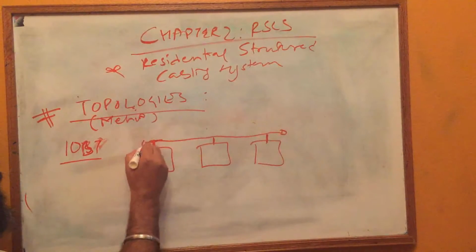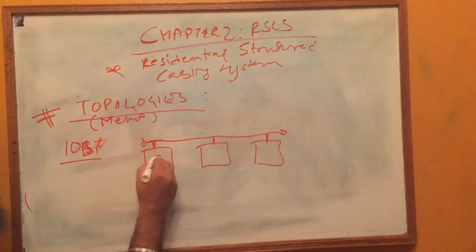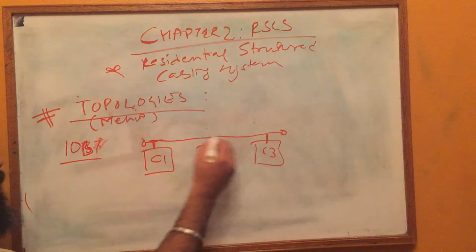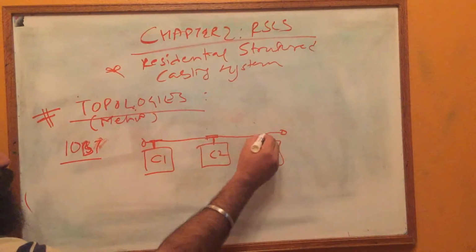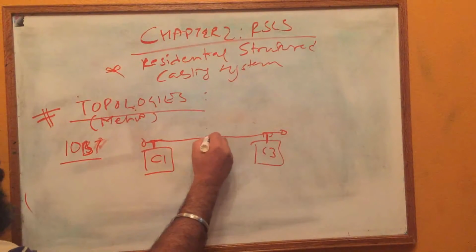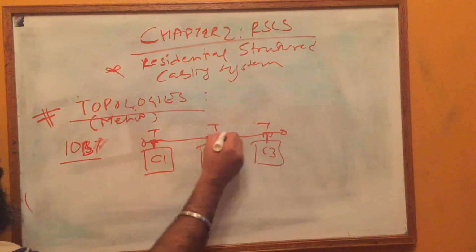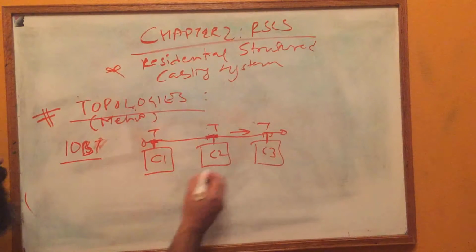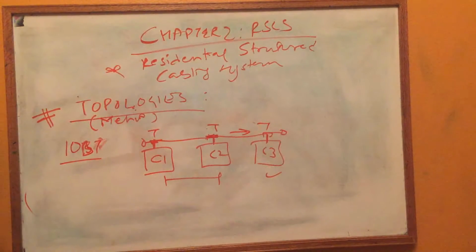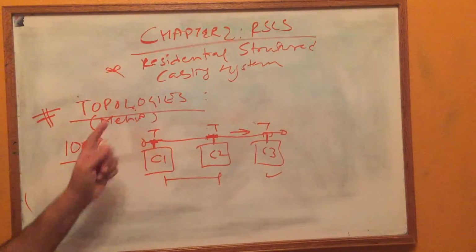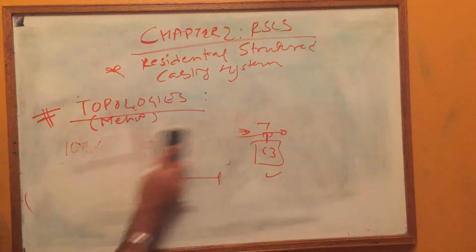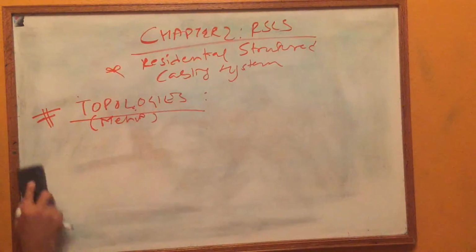There was a T terminator here, but a single cable goes to all of the computers. If this T is loose, the signal won't go to the other computer. So these two computers will be working, but this computer won't work. That is again the problem of daisy chaining. There were some flaws in daisy chaining, and we are using it less and less, right?